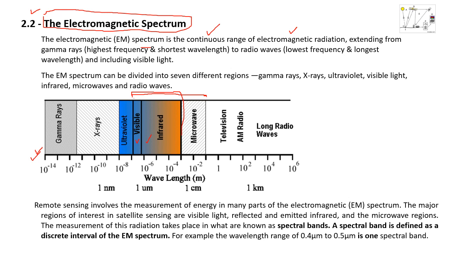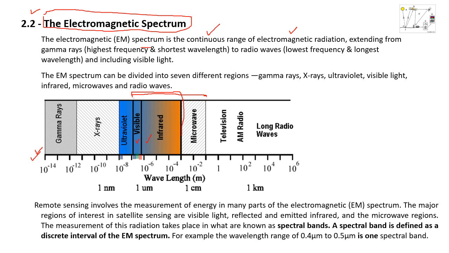In the visible part, there is a blue energy, there is a green energy, and there is a red energy here. Blue, green, and red.